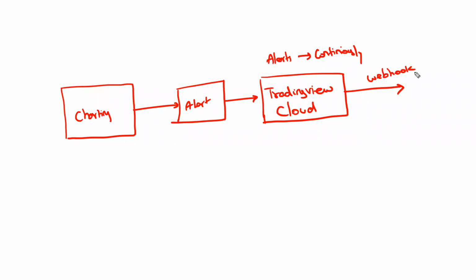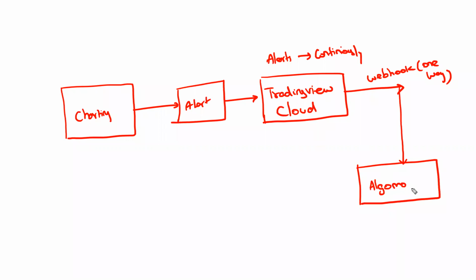The webhook mechanism is more of a one-way communication. From there, it sends the order to Algomojo. This is how the framework works. It communicates to the Algomojo API.